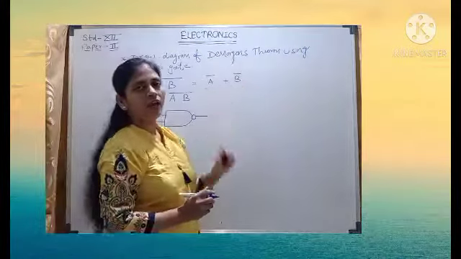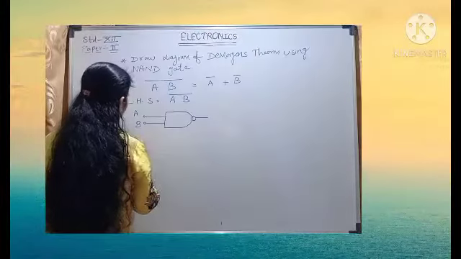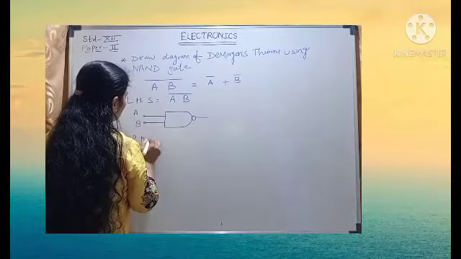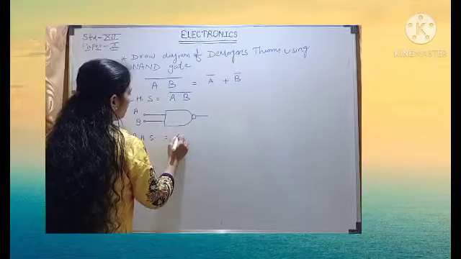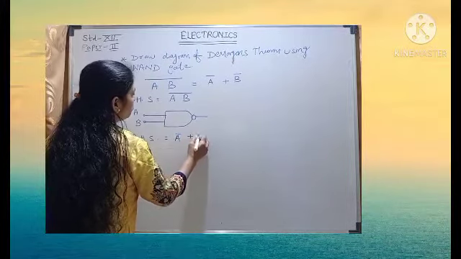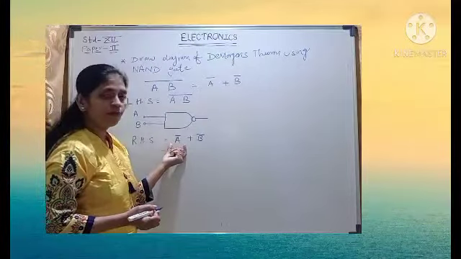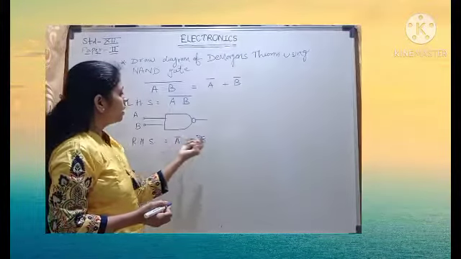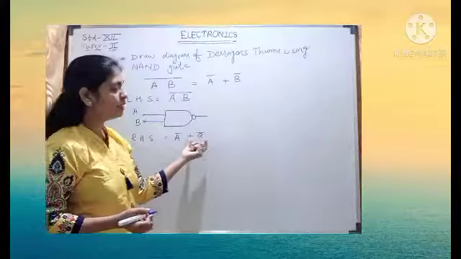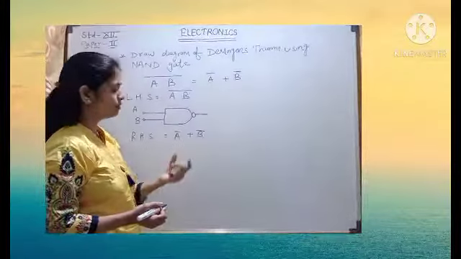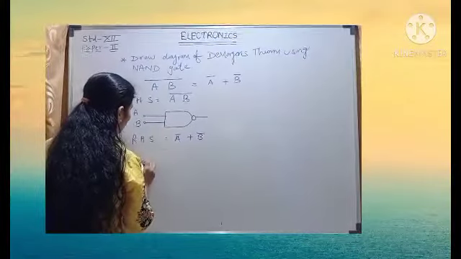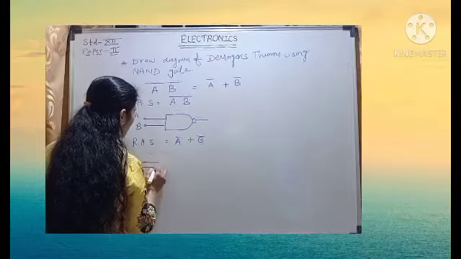Now we have to prove the RHS. Here RHS is equal to A bar plus B bar. So for this A bar, this is the complement, and B bar, it is also a complement. So we require NOT gate for both of these. So we'll draw the diagram by using NAND gate.